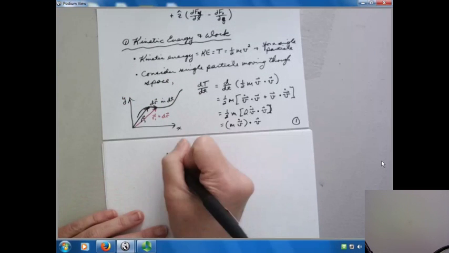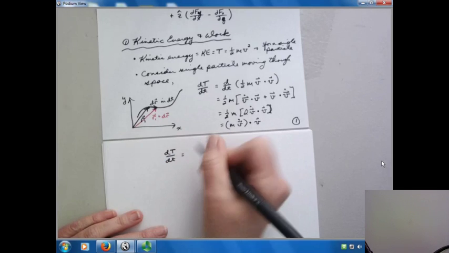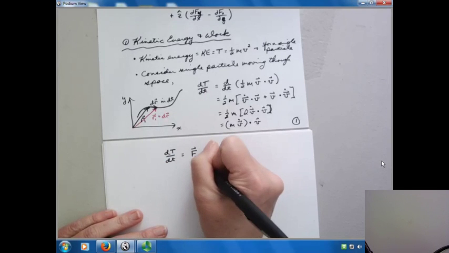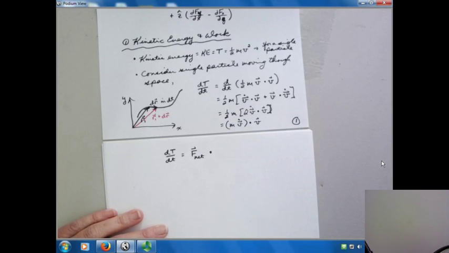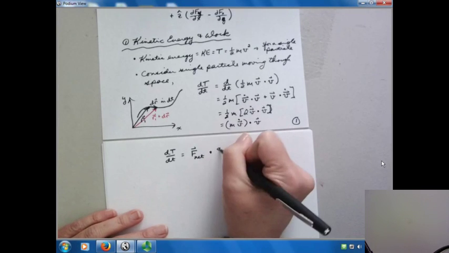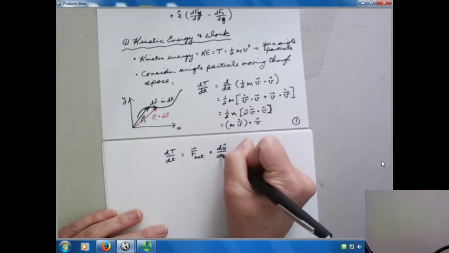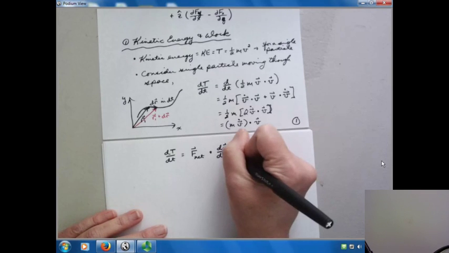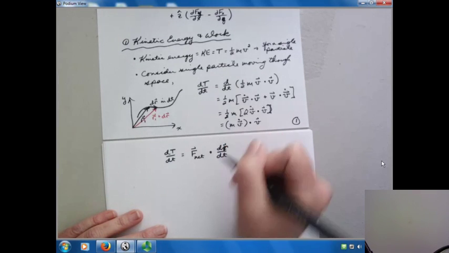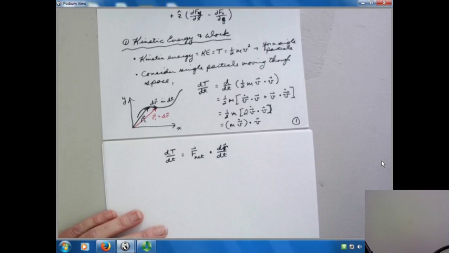So the time rate of change of the kinetic energy of my particle is equal to the net force on my particle dotted with the velocity of my particle, which is the time rate of change of the particle's location. So I'm going to just go ahead and substitute dr dt for v. Oh, that should be r. Sorry, I do that often. I apologize. Your author uses r for location.